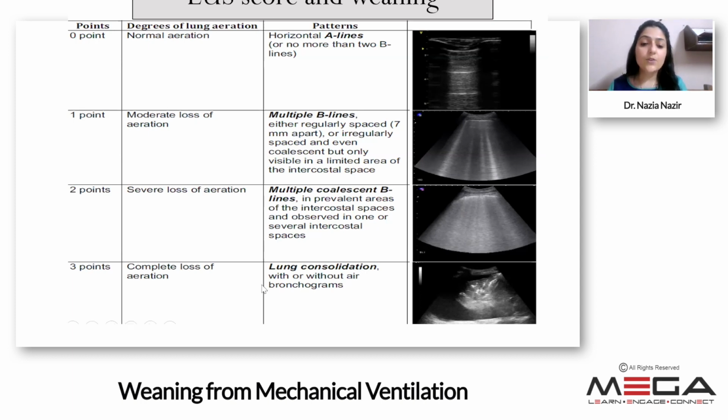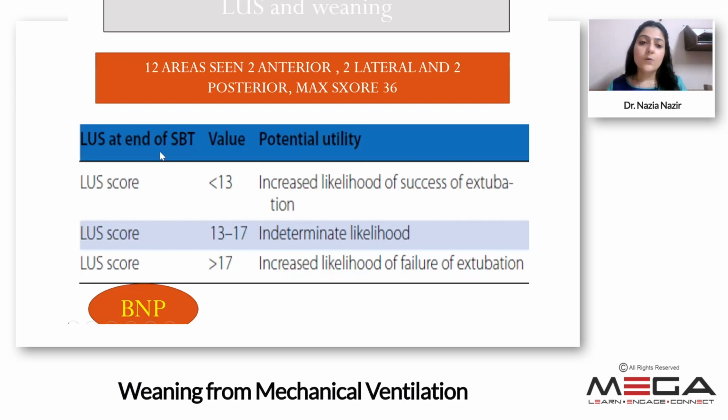For complete loss of aeration, you'll see lung consolidation with or without bronchograms. Twelve areas will be scanned, 2 anterior, 2 lateral, 2 posterior on each side, and a maximum score of 36 can be given. This lung ultrasound score can give the likelihood of success of extubation.